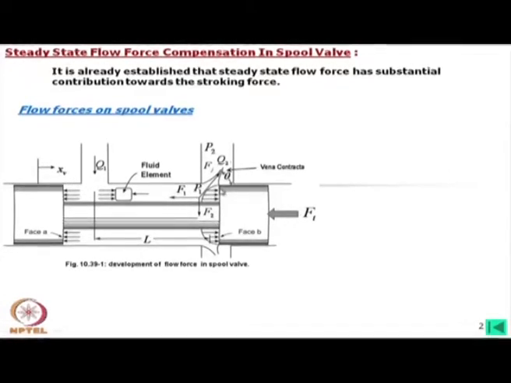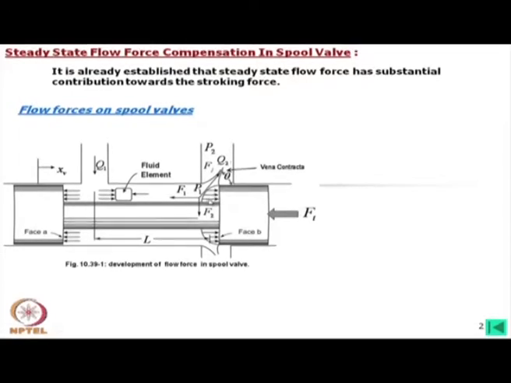Now, for this configuration, we know this flow will neither touch this wall nor touch this land with sufficient velocity, or in other words, at very low speed and in some valve configurations it may touch this land or this wall. Otherwise, it will make an angle to this path, which is theta, and it is possible to predict this angle theoretically.